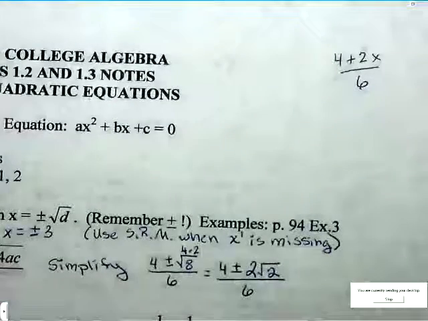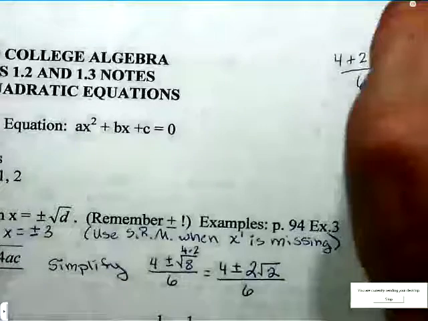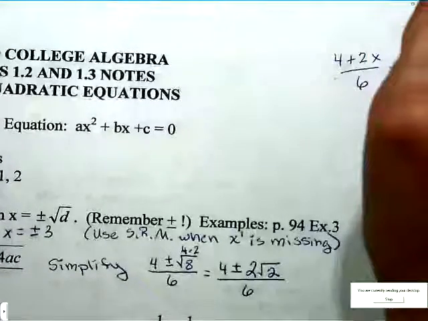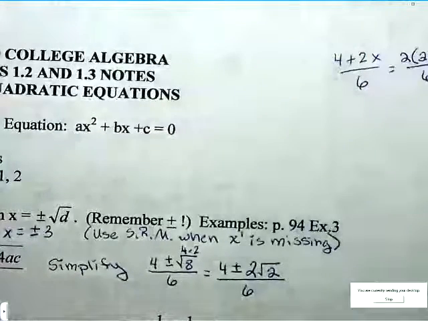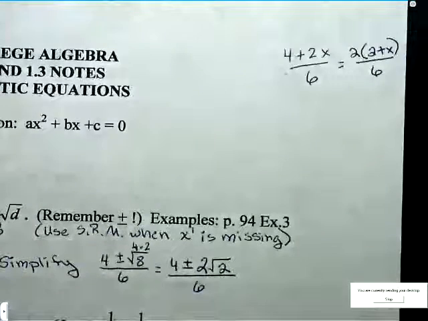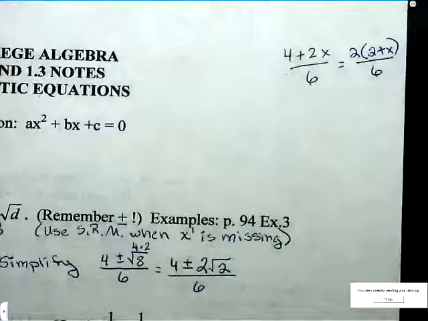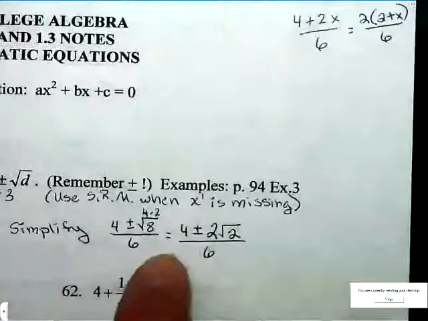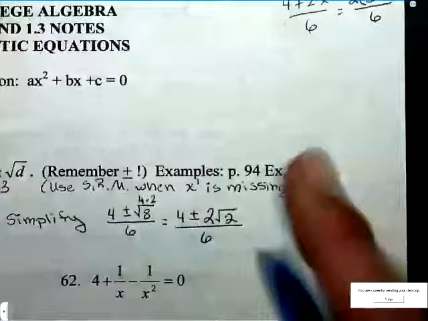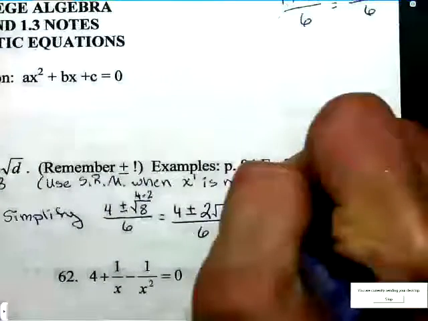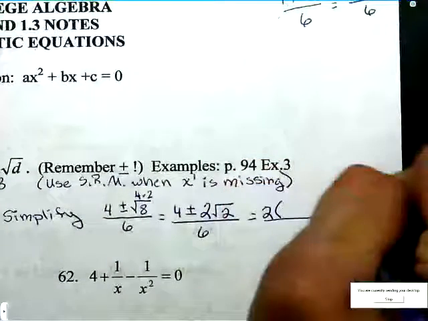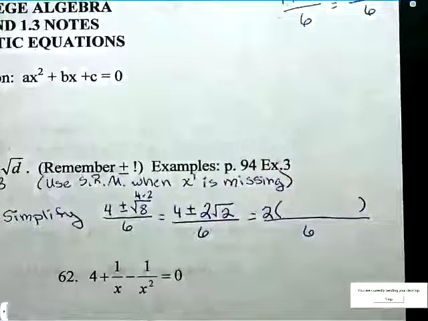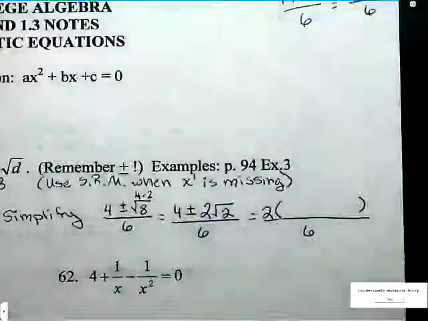You should know to factor out the 2. And then you can reduce, but not until you factor out the 2. Well, that same thing is still true in 1.4. You have to factor out a 2 and after you do, you can reduce the 2 and the 6.